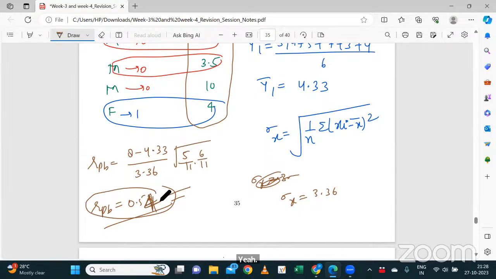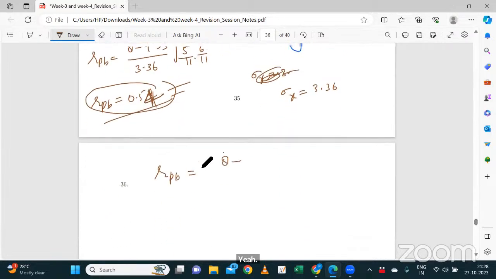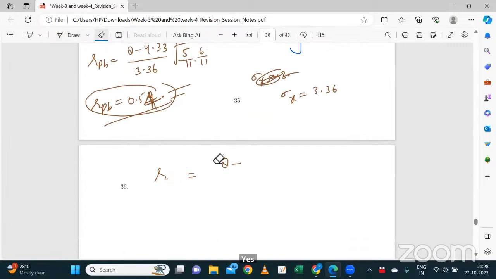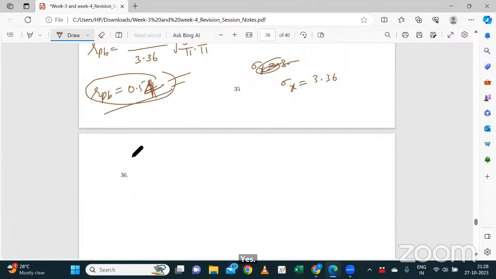Okay, so there is one concept in the point biserial correlation coefficient. When will you say variables are associated? There is one criterion: if RPB, the point biserial correlation coefficient, is close to 1, then you will say the categorical variable and numerical variable are associated.